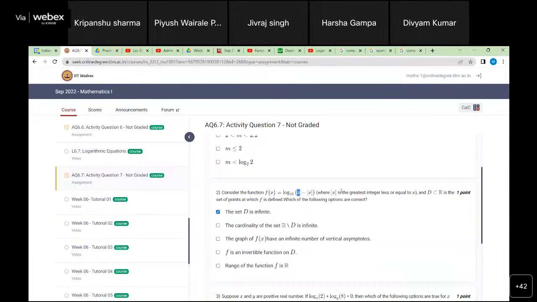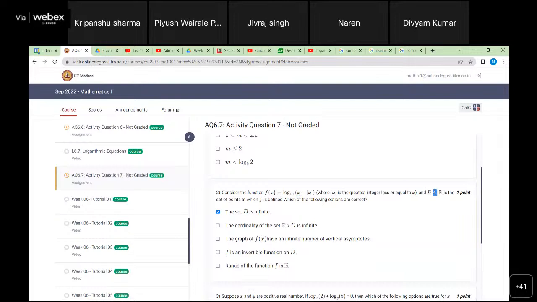So what if x takes integer values? For integers, it will be 0, x minus floor of x. So it will be 0. But the set is infinite, right?